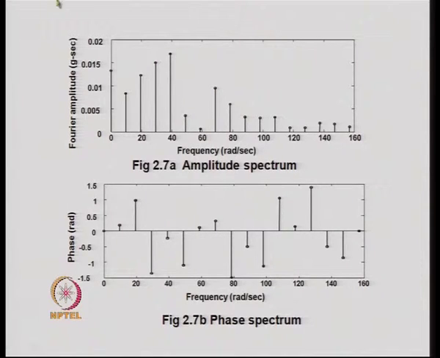Now, this shows the Fourier amplitude spectrum drawn for the first half, that is on the left side of A, and this shows the phase spectrum, that is phi plotted against the frequency.